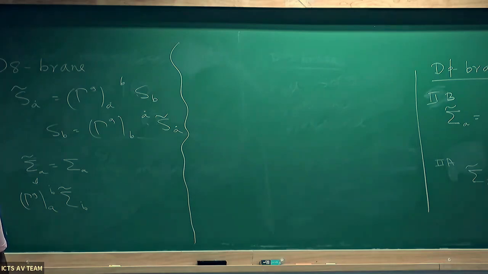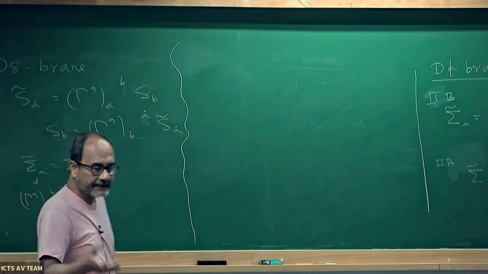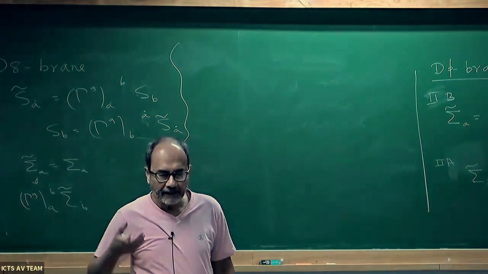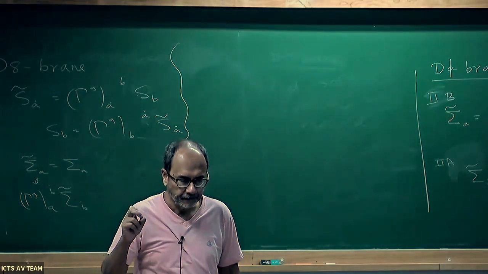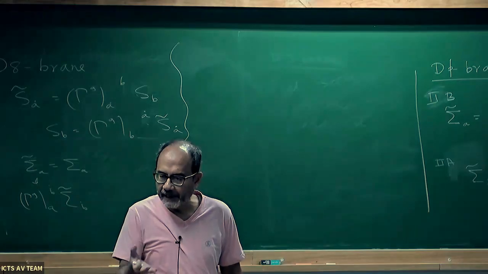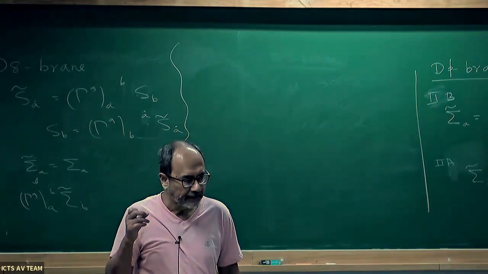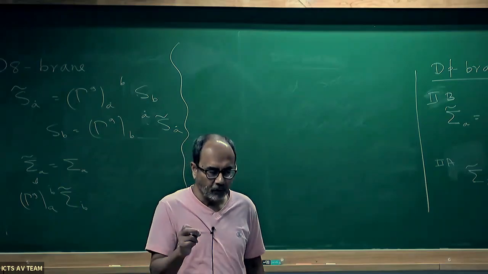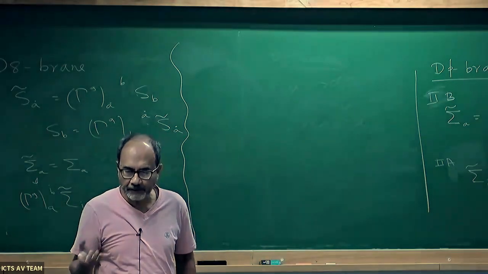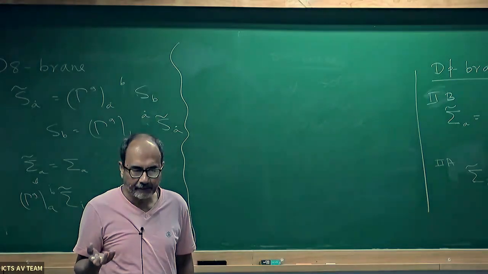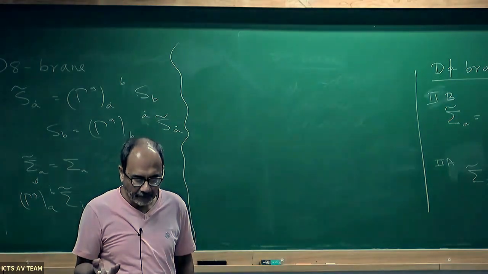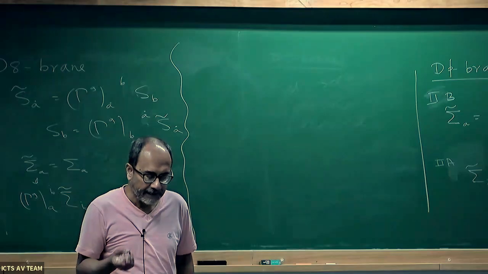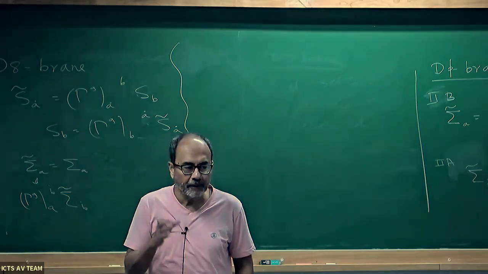If you want to calculate, for example, the energy density that the D-brane carries, you have to calculate the one-point function of the graviton. If you want to know what kind of source it is for the dilaton, you have to calculate the one-point function of the dilaton. Similarly, if you want to know if it carries Ramond-Ramond p-form charge, then you have to calculate the one-point function of a Dp-brane will carry Ramond-Ramond p+1 form charge.